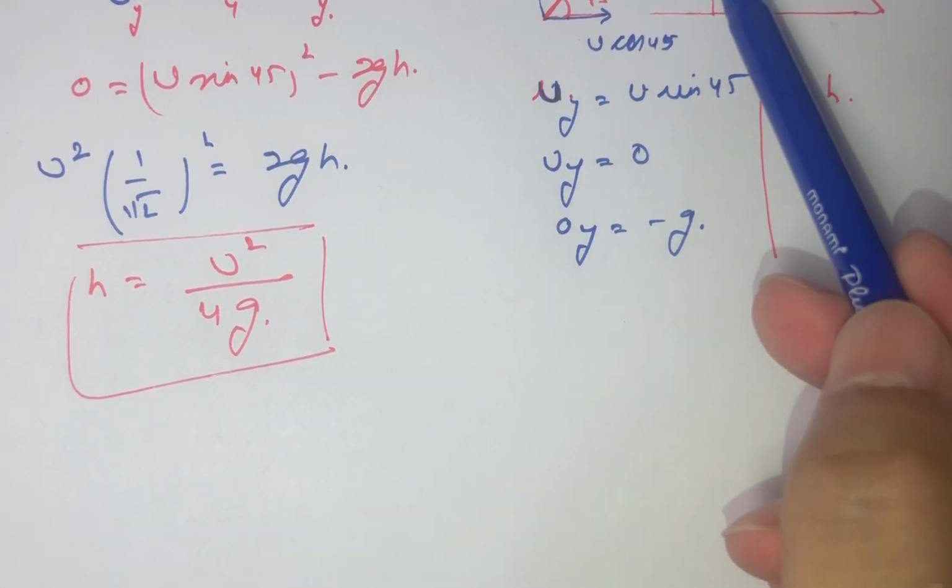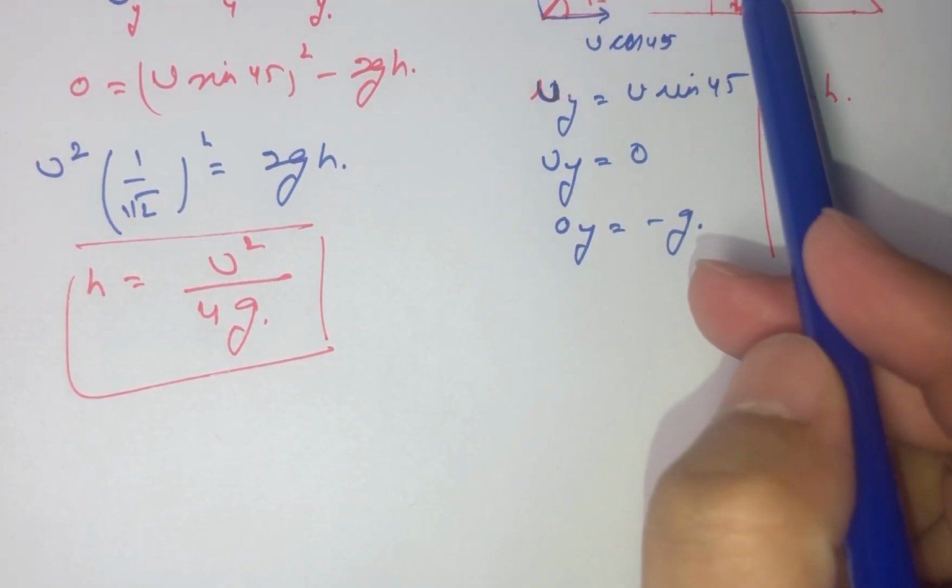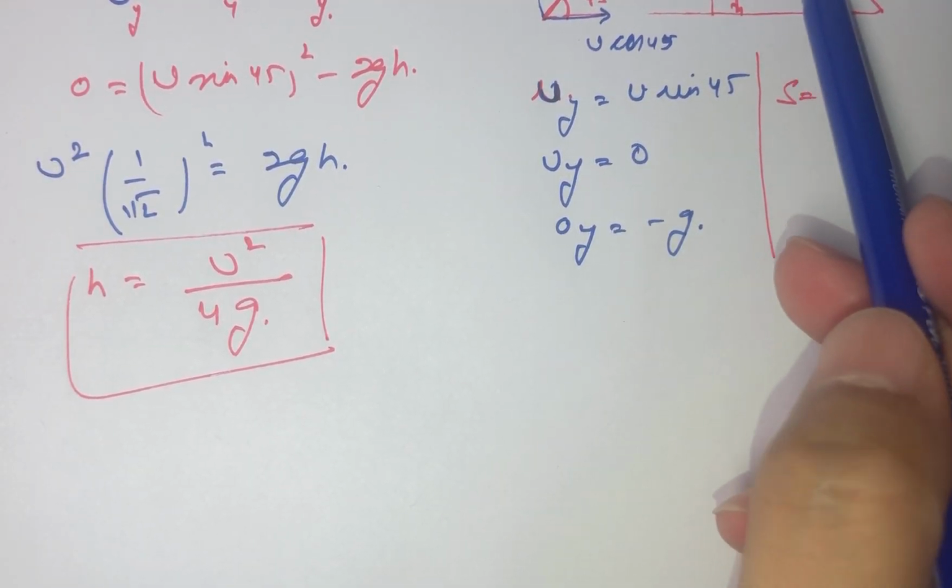And we already know that at point P, the only velocity component that is available is horizontal.